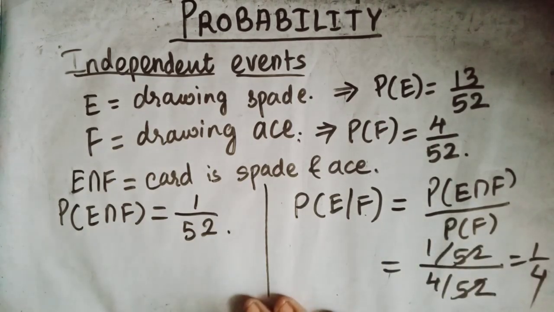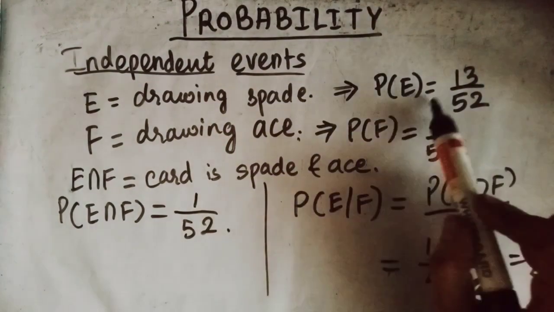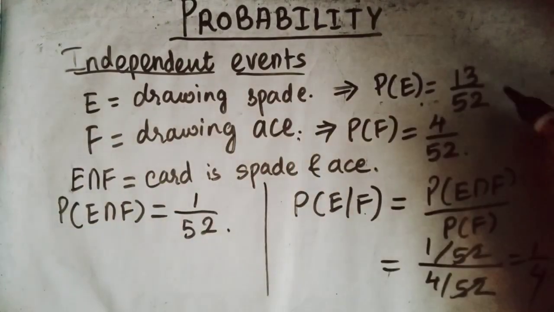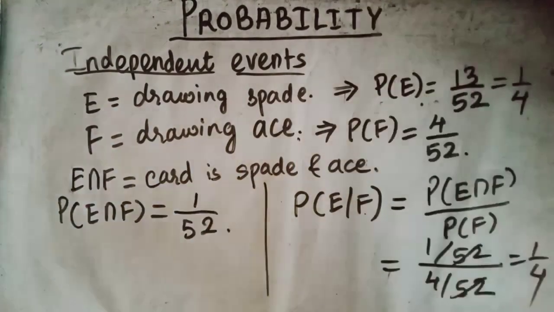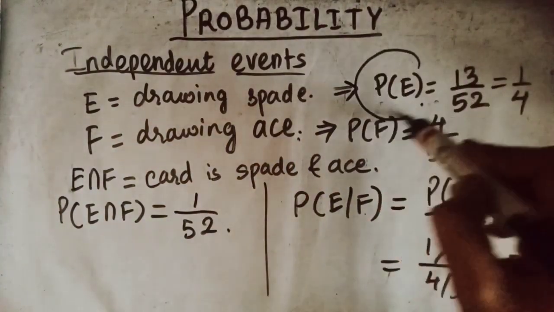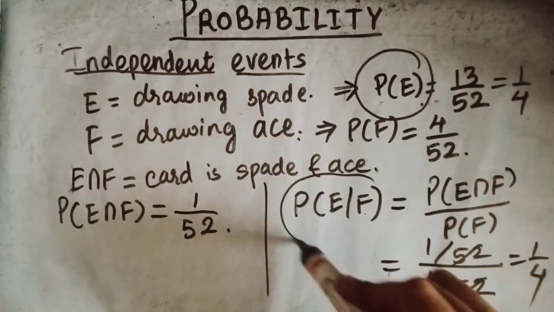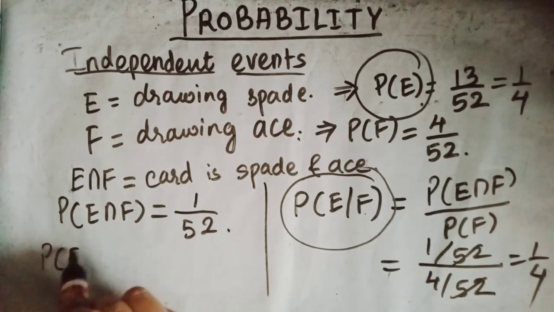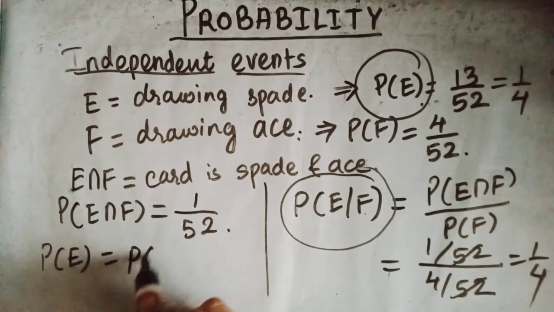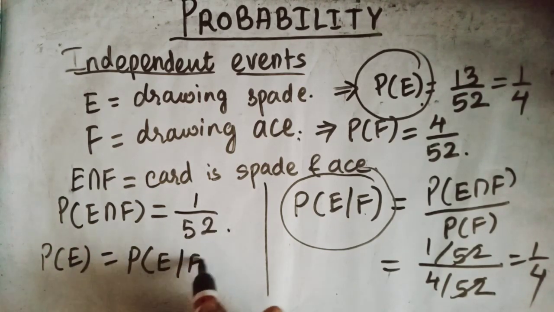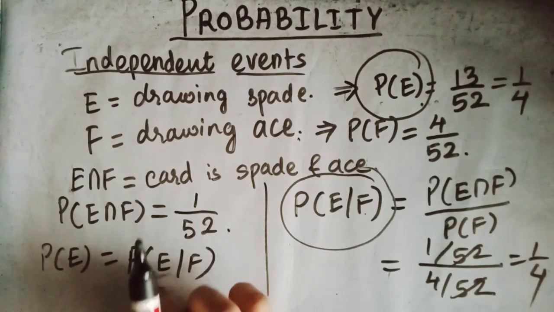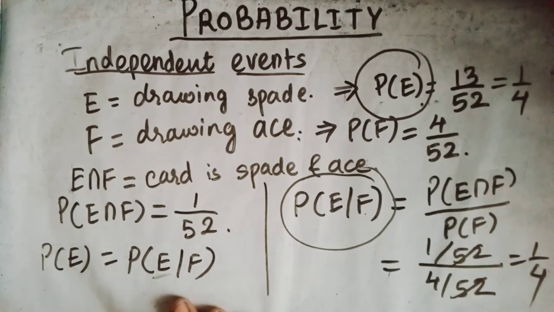Now if we look at this probability, P of E, that is drawing a spade, this is 1 by 4, right? So this is the same as our conditional probability, that is, P of E is the same as P of E given F has already occurred. These two are the same.